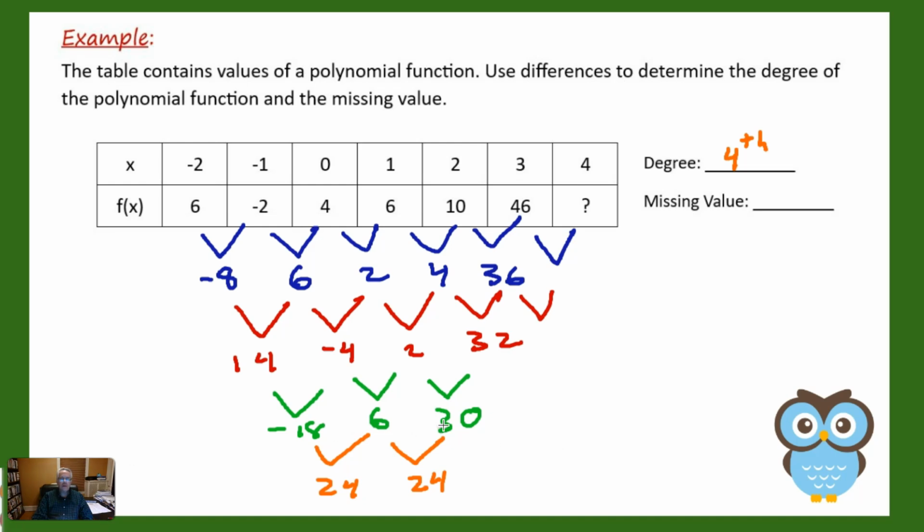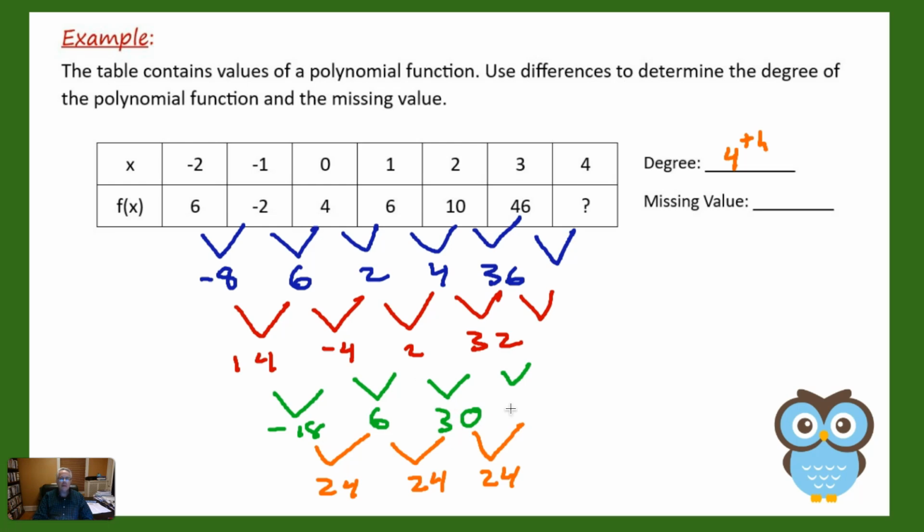Okay, well, I missed one of my little differences here. I'm going to put this in, and I'm going to put another one here because we're going to work backwards and find the missing value. So I know the difference between 30 and the number that goes here is 24, since all my fourth differences are 24.